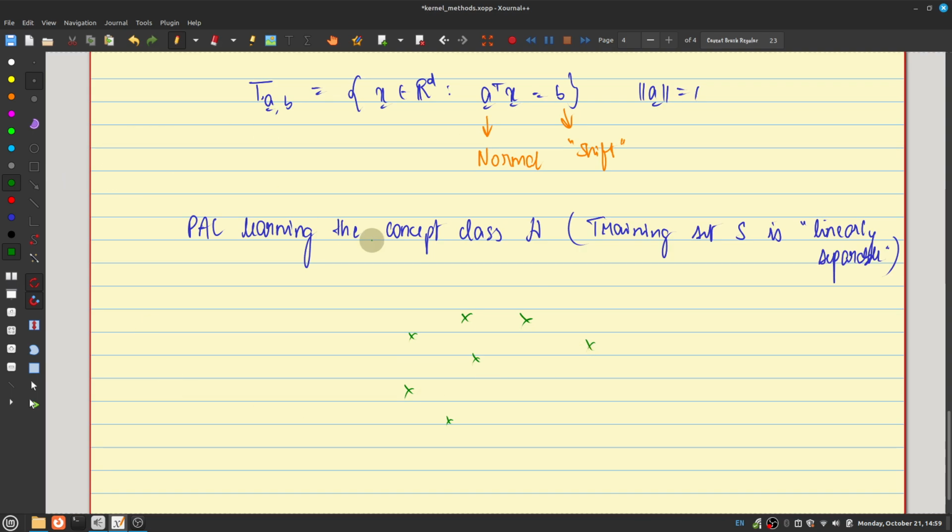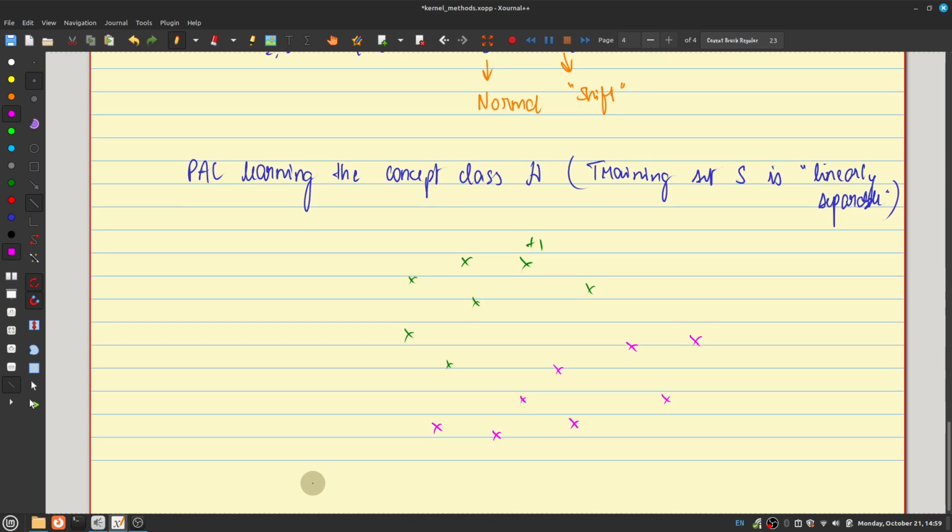I have a bunch of points labeled +1 and a bunch labeled -1, and these vectors are drawn according to some unknown distribution. Given this, now we know that there exists an empirical risk minimizer. So the goal is to find one hyperplane that separates these two, but almost always you'll have multiple solutions.